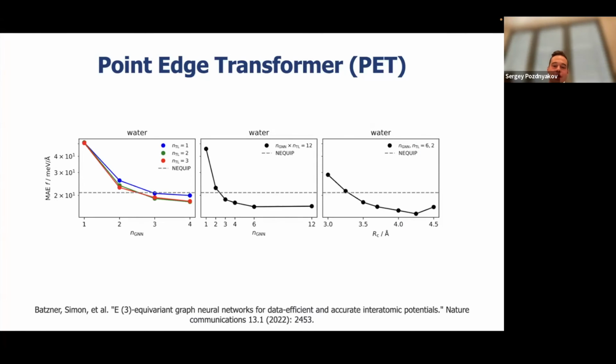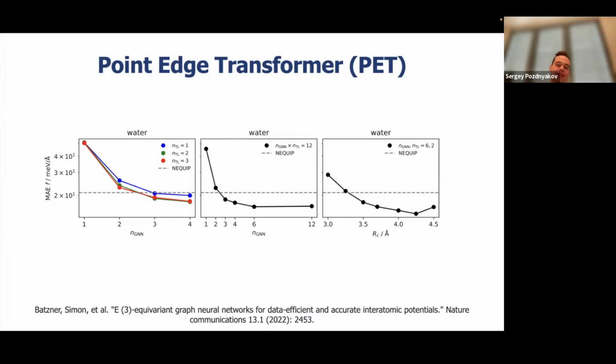On this slide, you can see some ablation studies, namely the performance of our model depending on the choice of hyperparameters. I do not really want to delve into the nature of these ablation studies.